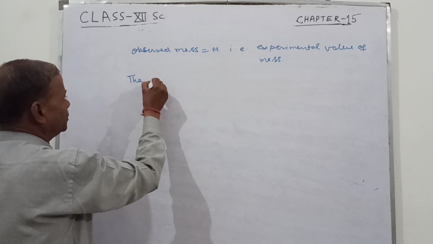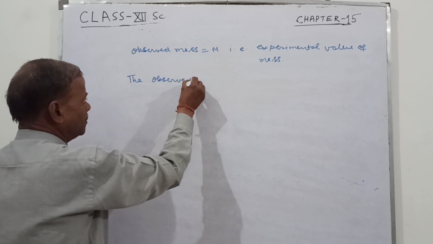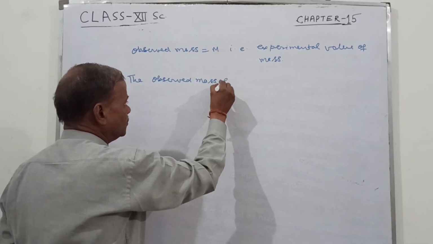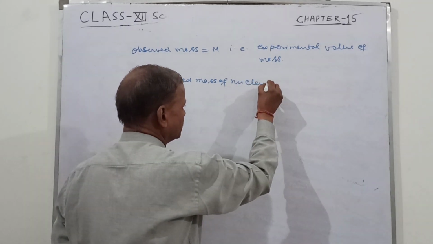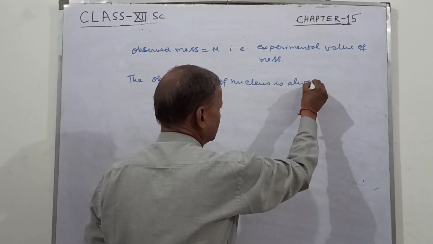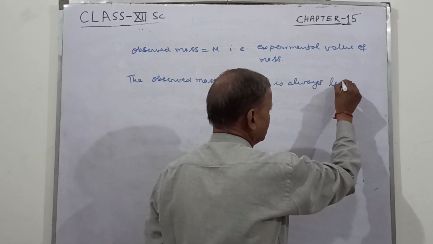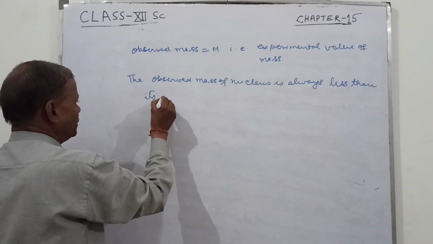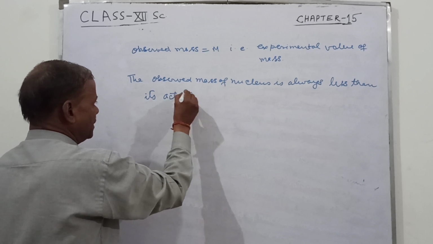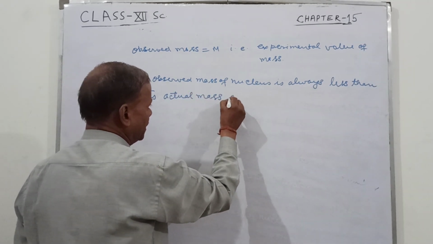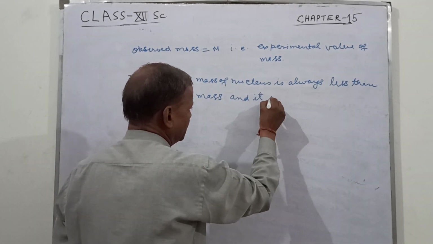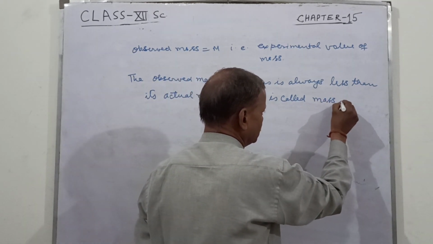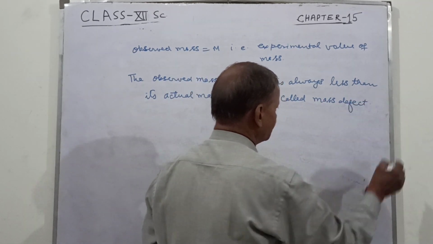The observed mass of nucleus is always less than its actual mass, and it is called mass defect.